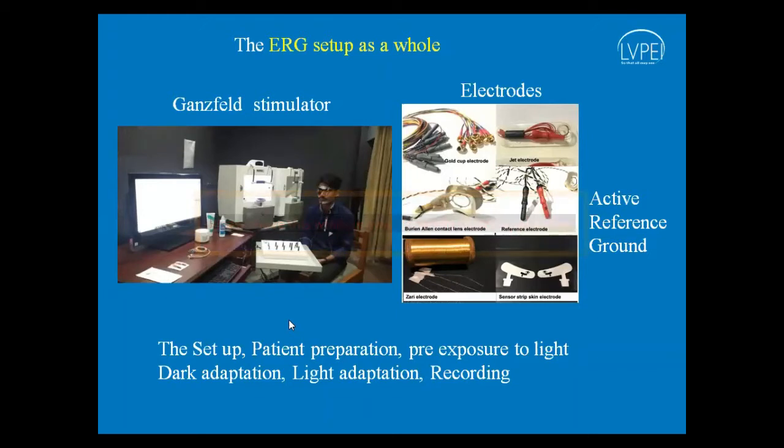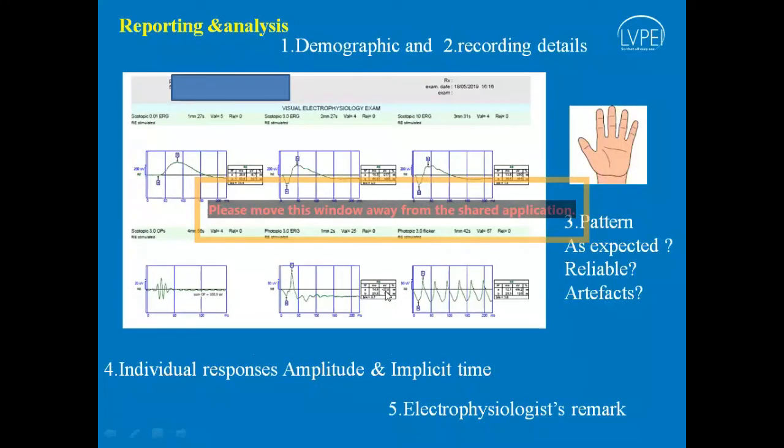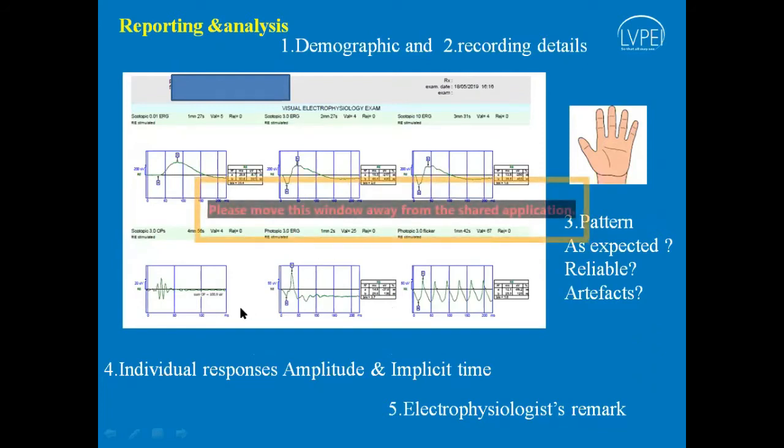So this is how the setup is, in brief. These are the electrodes, the junction box, the stimulator, which is called a Ganzfeld stimulator, and the monitor. Now the impulse that we get is processed, amplified, and finally displayed on the screen. The recording looks like this. So we have these recordings in the scotopic phase, followed by two important recordings in the photopic phase.